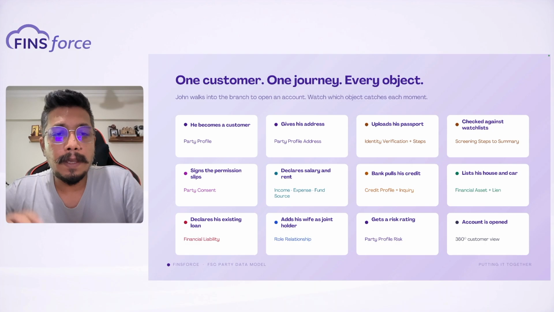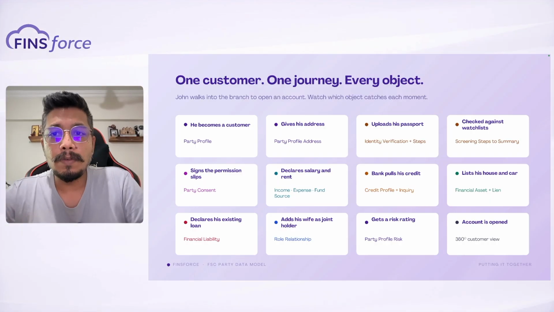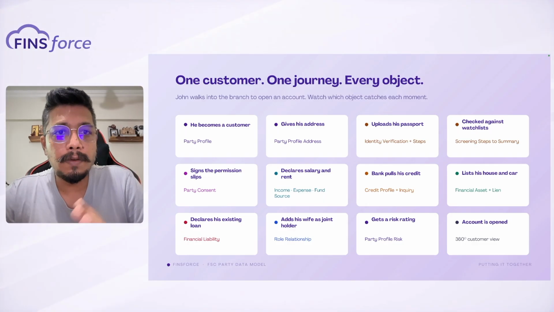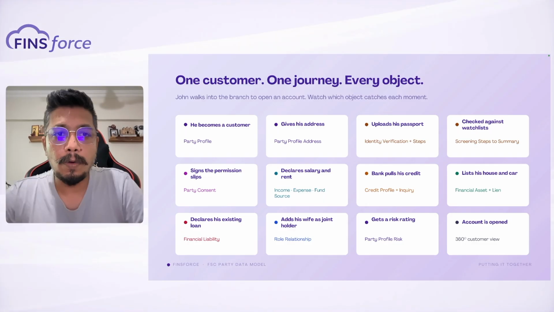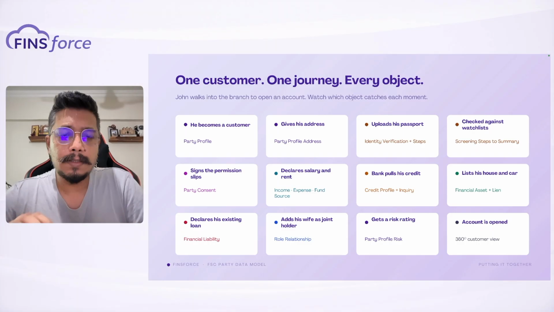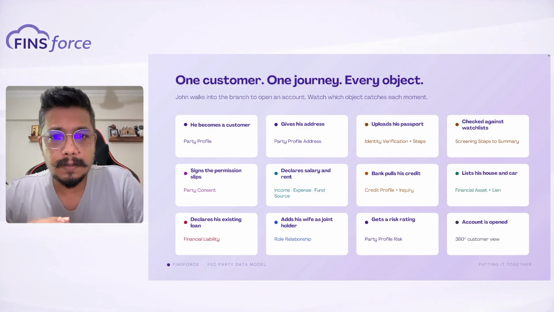If any lender puts a claim on a property for which you have not paid the loan, that information is going to be stored in financial asset plus lien. Then if you have declared your existing loans, your rental, any liabilities, that information is going to be stored in financial liabilities.